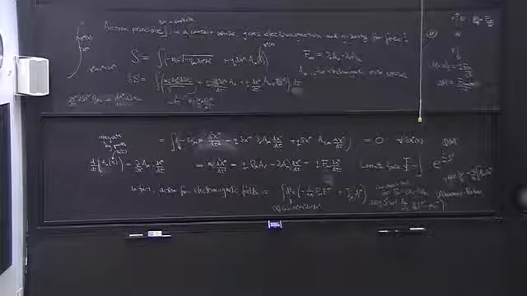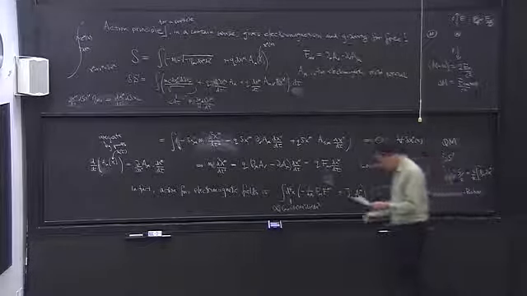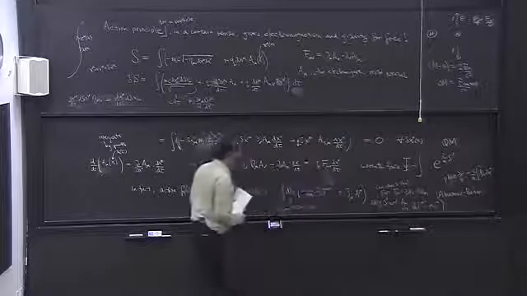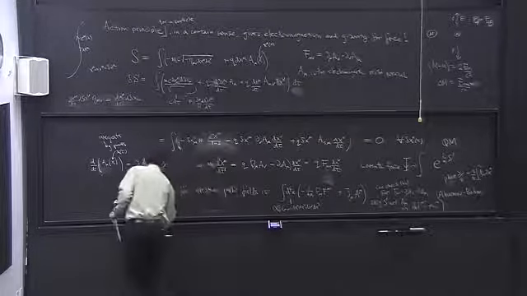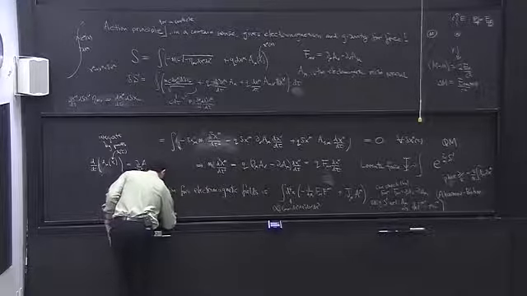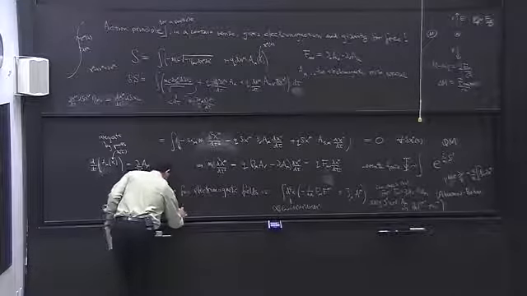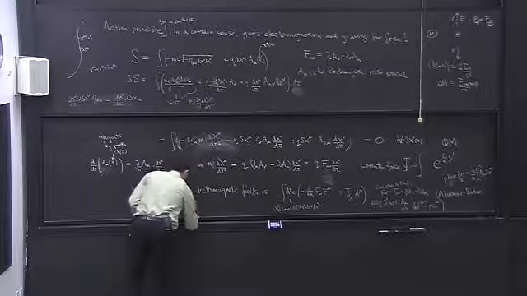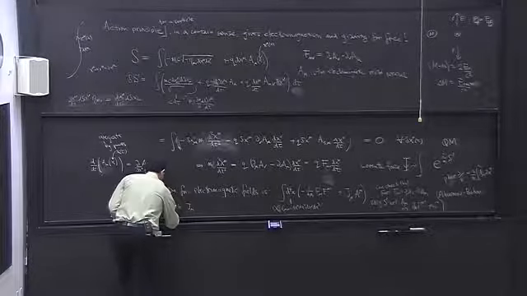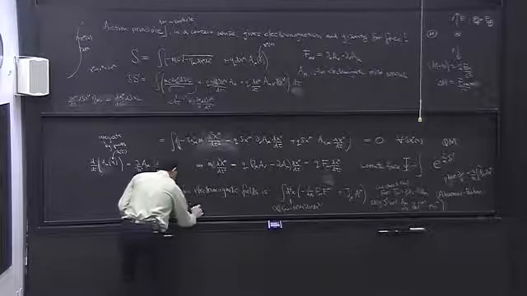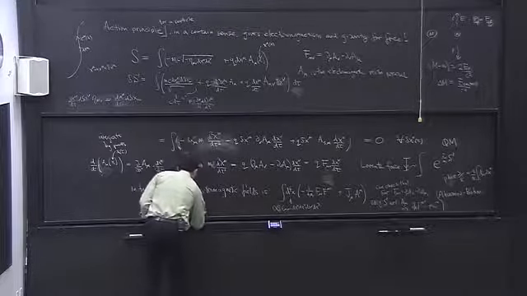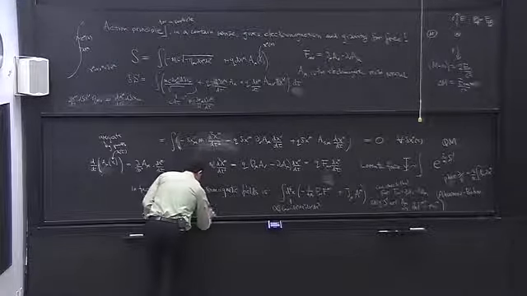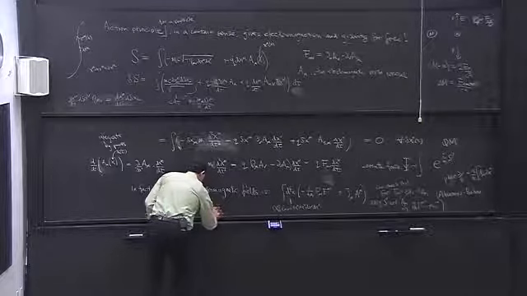Okay, so I'll just leave that for you to play with. The J mu for a charged particle is proportional to q dx mu d tau.